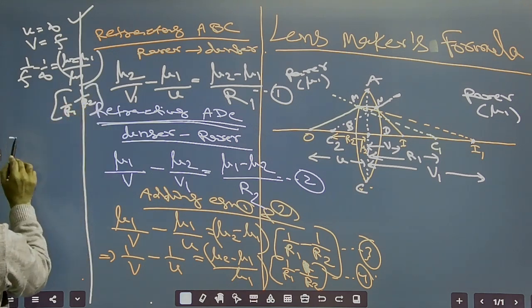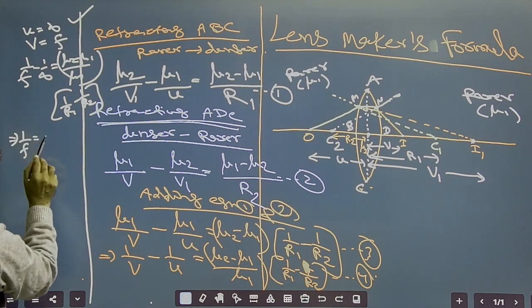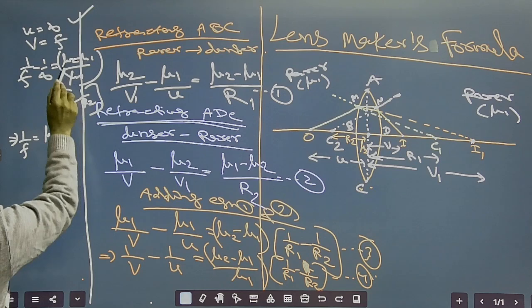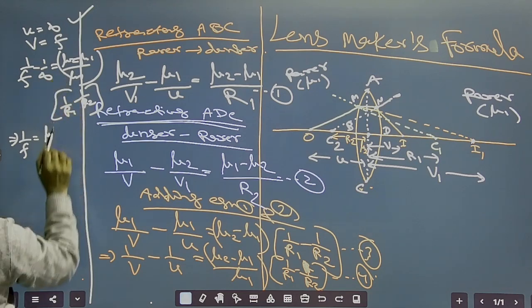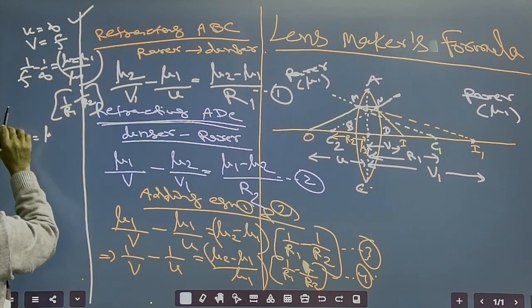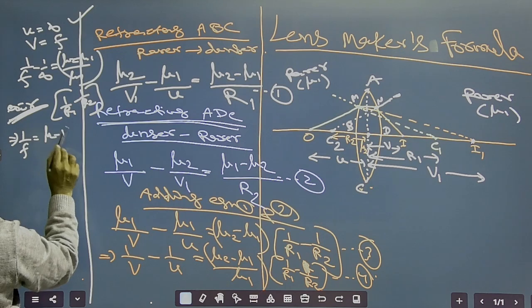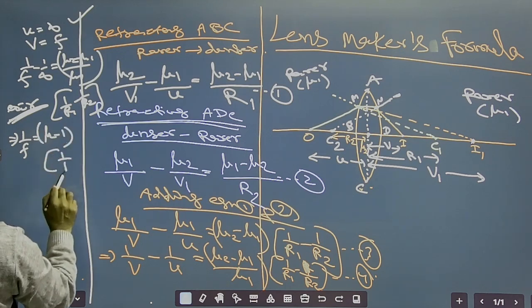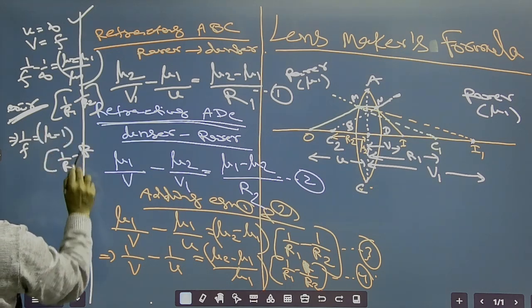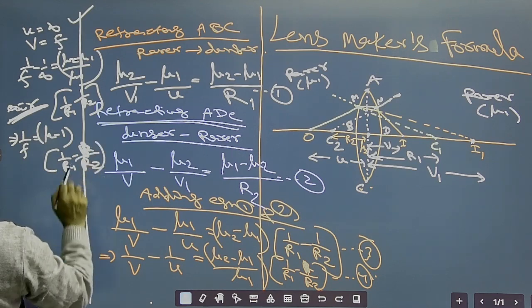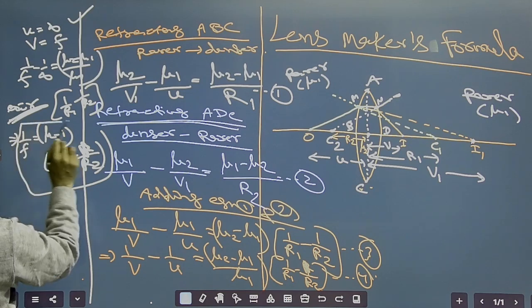So here we get 1 by f equal to mu minus 1, where mu is the refractive index of the lens with respect to the surrounding medium, that is air, into 1 upon R1 minus 1 upon R2. So these are the two forms of the lens maker's formula.